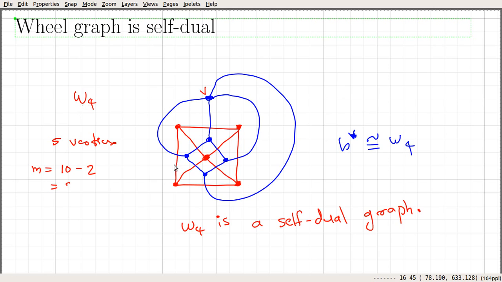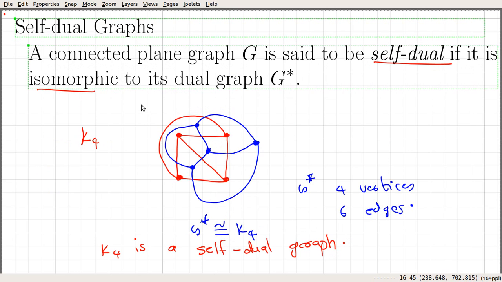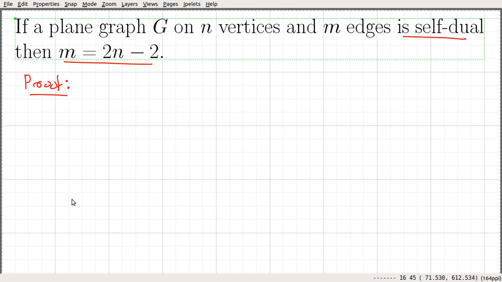Anyway, it has 5 vertices and 8 edges. Similarly, you can also see the result holds for K4. K4 has 4 vertices, so it is 2 times 4 minus 2, which is equal to 6. We can easily verify 1, 2, 3, 4, 5, 6. Anyway, it is a complete graph with 4 vertices, so it must have 6 edges. So we saw it is true for those 2 examples, and let's go and prove the general statement.